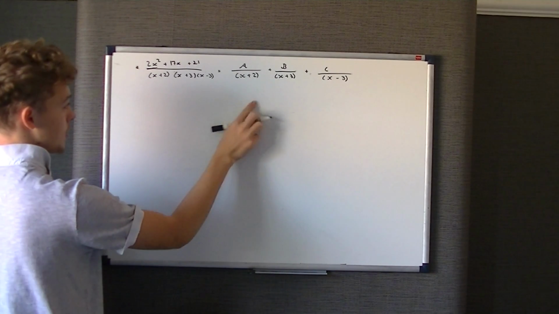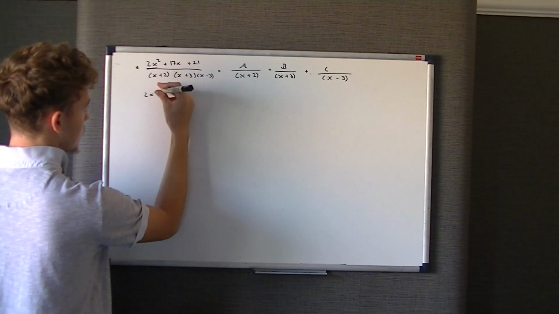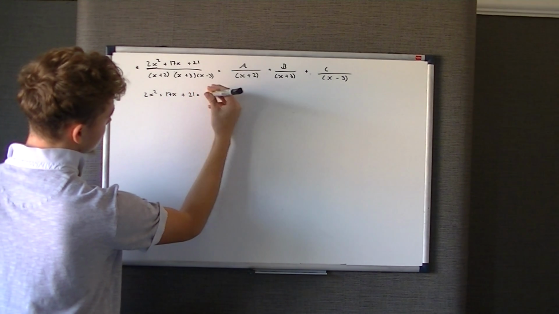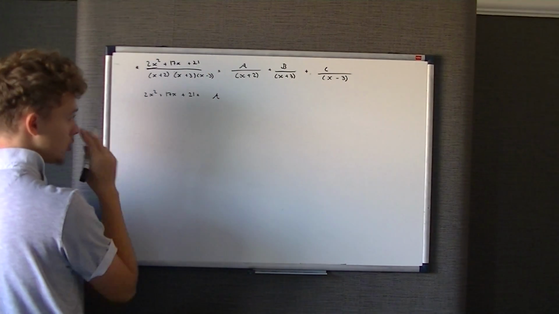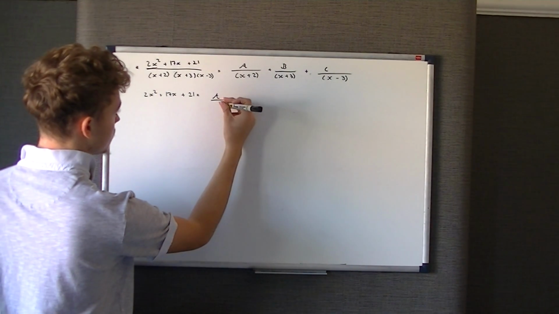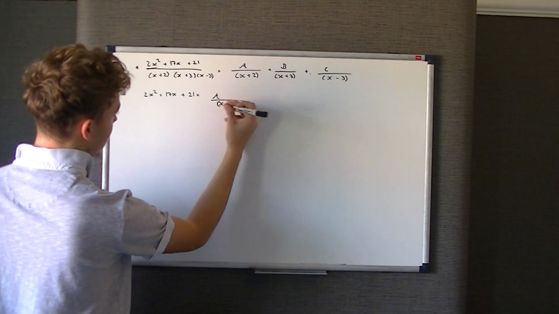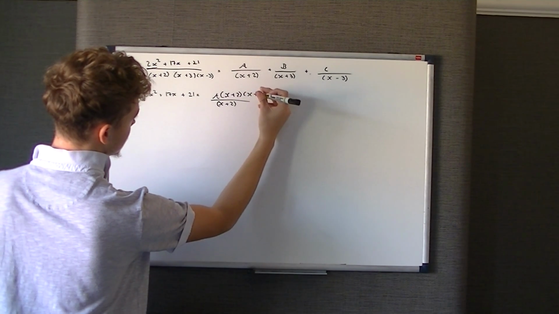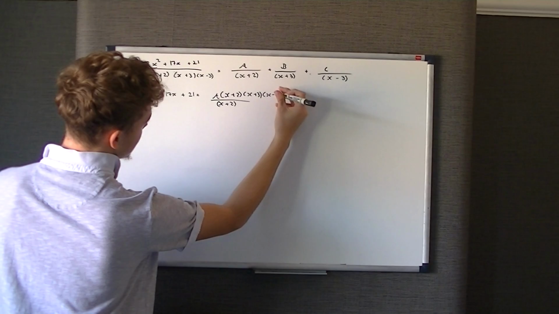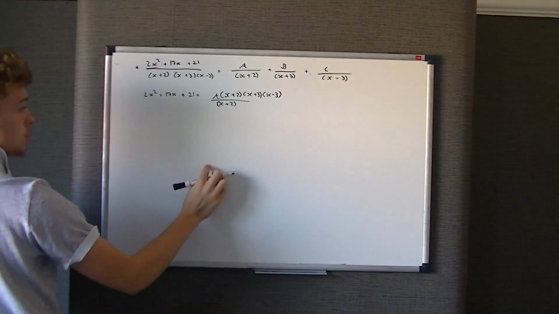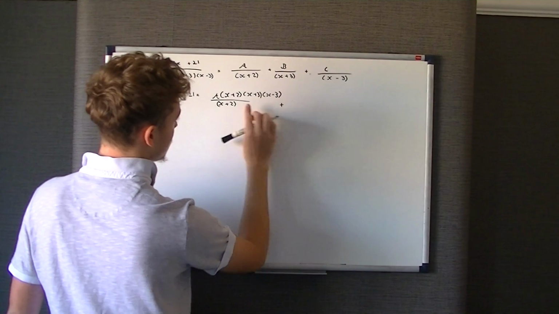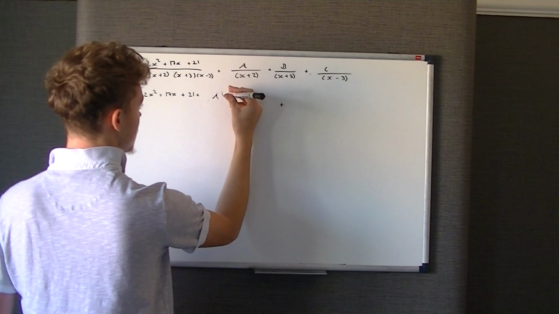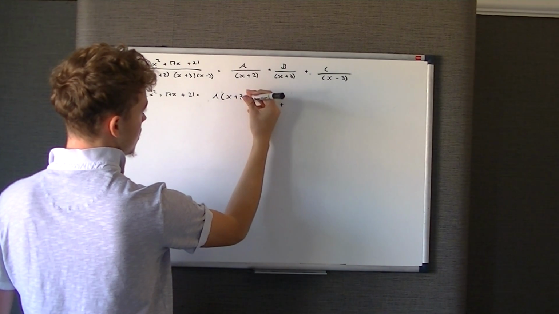This gets rid of the bottom bit, so we say 2x squared plus 17x plus 21 is equal to A. We could put A over x plus 2 and then have A times (x plus 2)(x take 3)(x plus 3), but as the x plus 2's would cancel out, we'd rub that out to save a bit of space. So it just becomes A of (x plus 3)(x take 3).